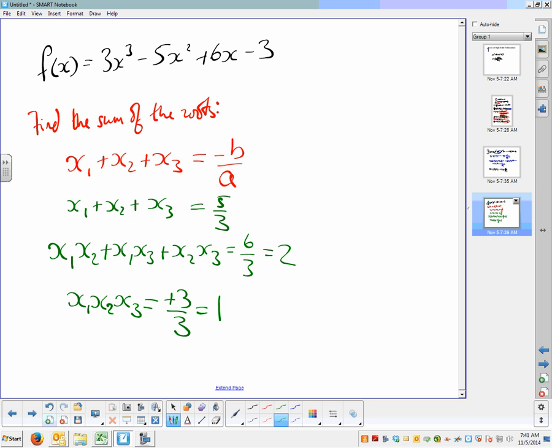What this would allow you to do is, if you knew one of the roots, let's say you knew x3, it'd be quite easy to find the other two simultaneously from this equation and this equation, amongst other things.